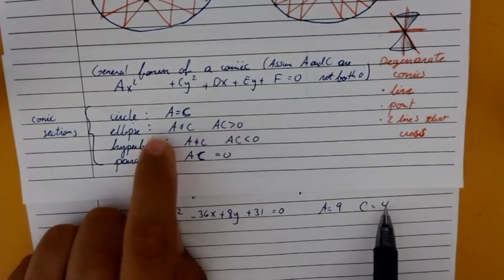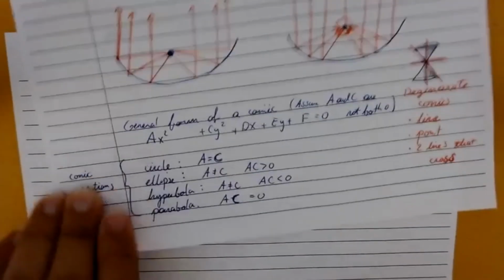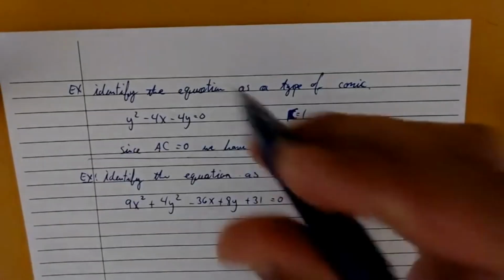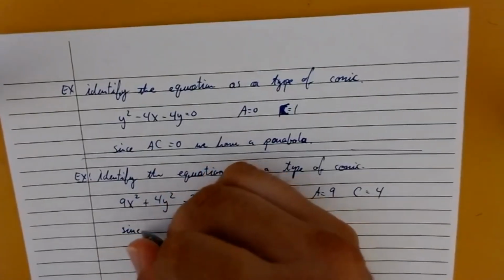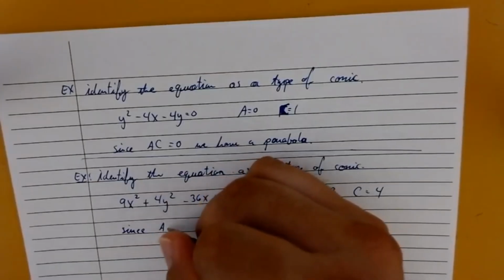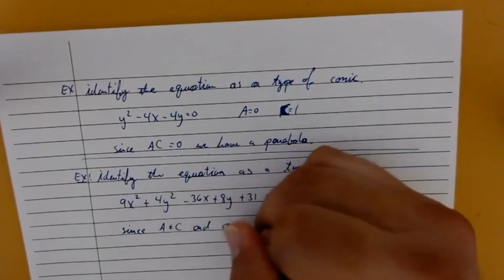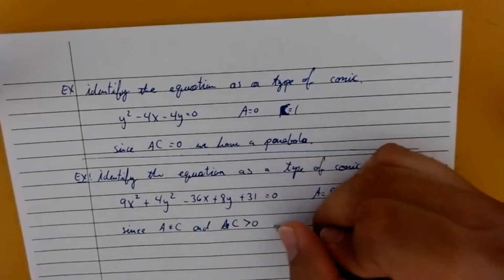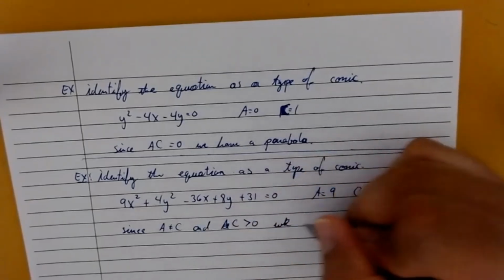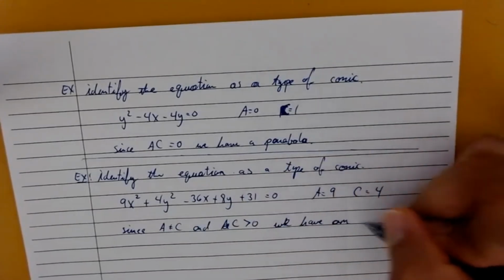So they're not equal, but their product is positive. So that's going to be an ellipse. Since a is not equal to c, and a times c is greater than 0, we have an ellipse.